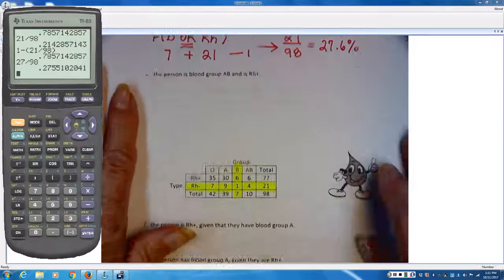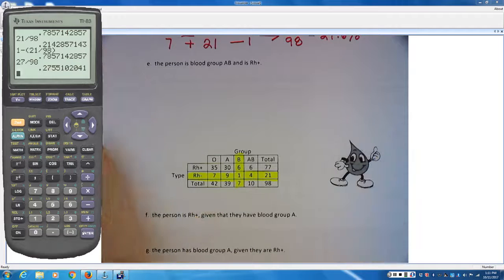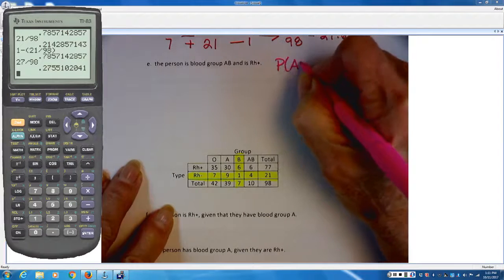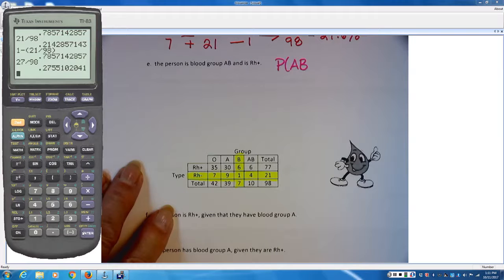And I'm still going to keep that little chart up here while we look at the next one. Because the next question says, what is the probability that a person has blood group AB and is Rh positive?